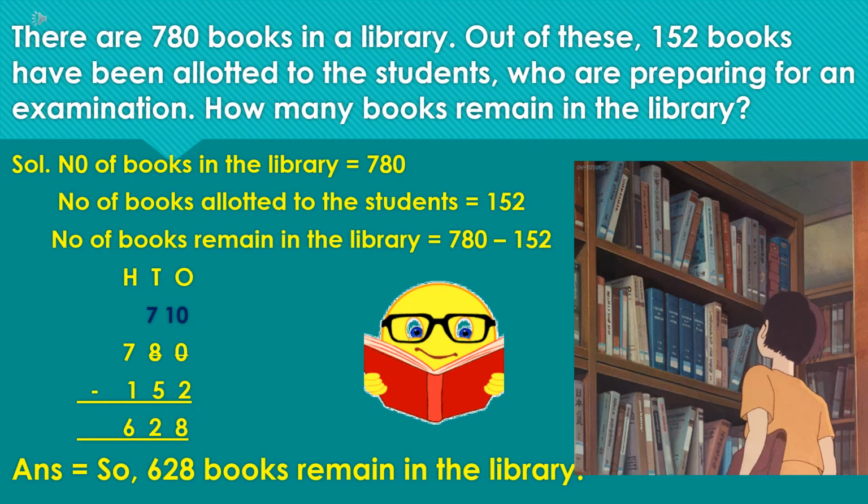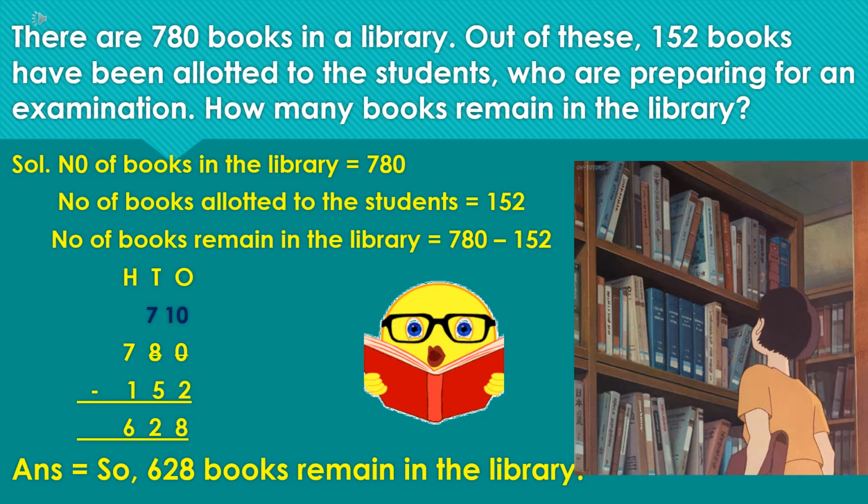Library से books issue की जाती हैं बच्चों को या लोगों को. तो from this library, 152 books have been issued to the students. 152 books स्टूडेंट्स को अलॉट की गई हैं, इशू की गई हैं, जो स्टूडेंट्स एग्जाम के लिए प्रिपेयर कर रहे हैं. जैसे आपको स्कूल में इशू होती थी लाइब्रेरी से बुक्स, सेम वे यहाँ पे लाइब्रेरी में से इशू की गई हैं बुक्स.